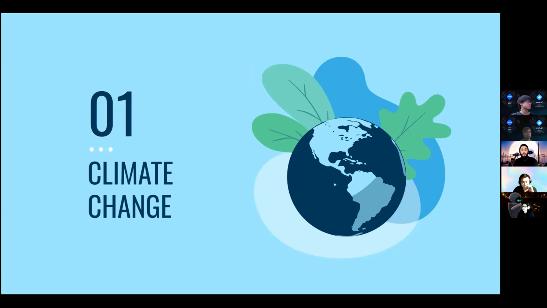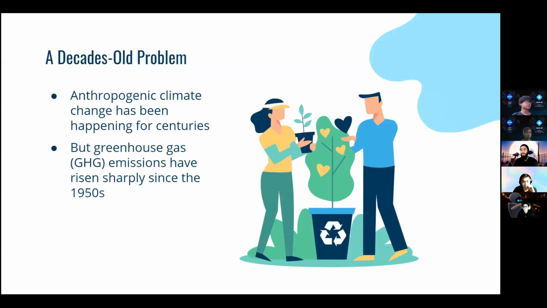Okay, so we're going to be giving a little bit of an overview about climate change, just to make sure everyone's familiar with the things that we're trying to target. Climate change is a problem that has been around for a very long time, but greenhouse gas emissions have risen sharply since the 1950s, which is why we're focusing on it so much in this century as things are starting to get worse.